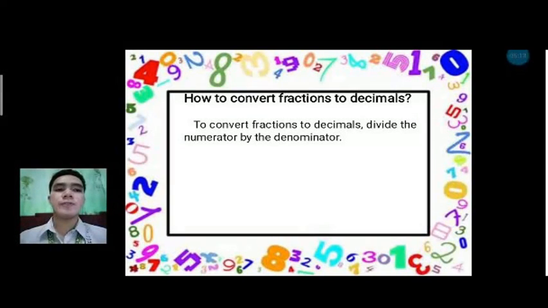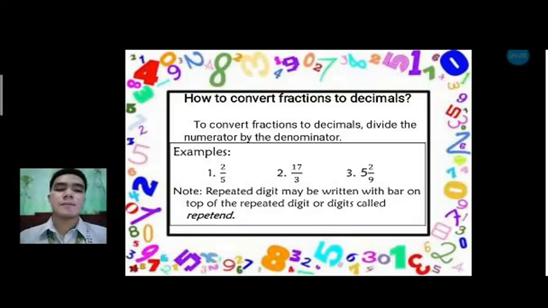How to convert fractions to decimals? Take note that to convert fractions to decimals, you have to divide the numerator by the denominator. Here are three examples: number 1, 2 over 5; number 2, 17 over 3; and number 3, 5 and 2 over 9.